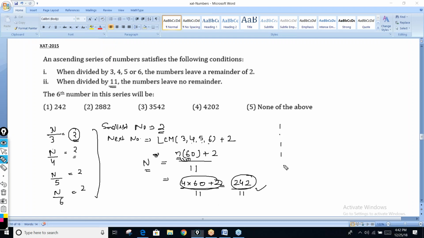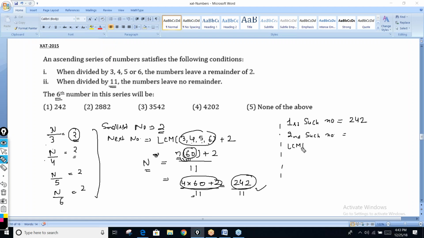And once you get the smallest number, we need to find the sixth such number. That is the first such number. It's 242. Can you tell me the second such number? Second such number you will get after adding the LCM of all the numbers 3, 4, 5, 6 and 11. You have already found the LCM of these numbers, which is 60.